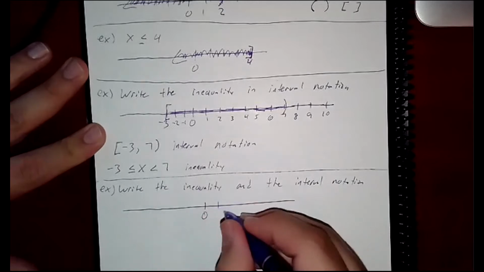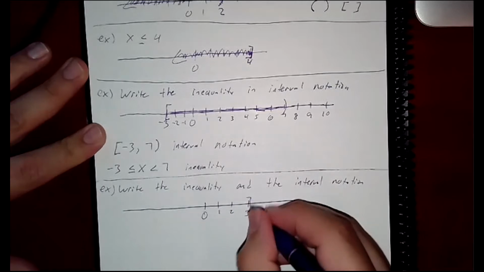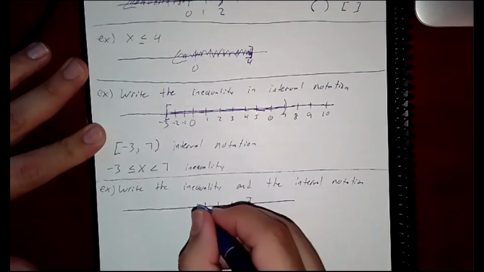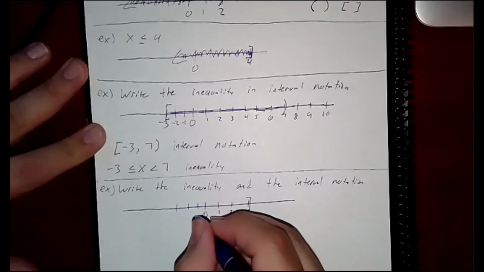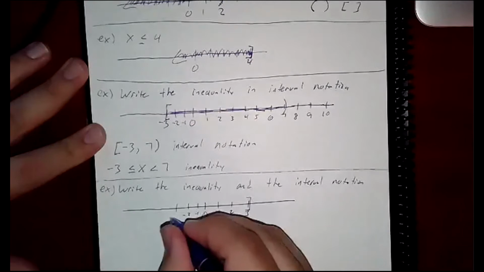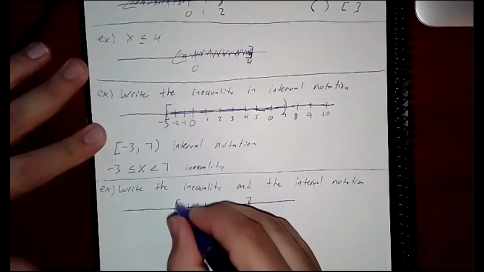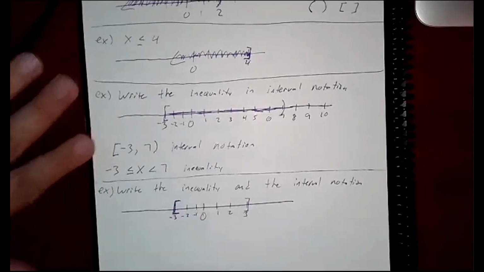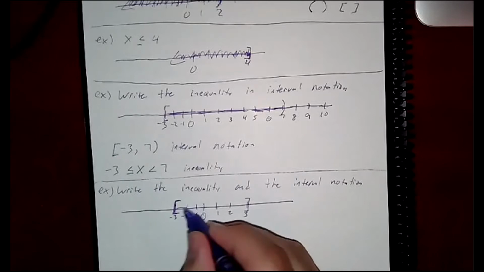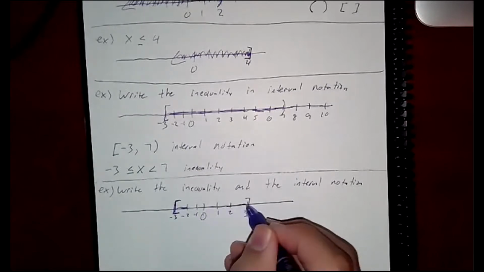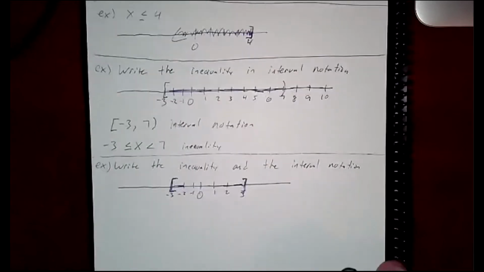Okay, so it goes up to 1, 2, 3, -1, -2, -3. So write the inequality and the interval notation for this graph here, inequality graph.